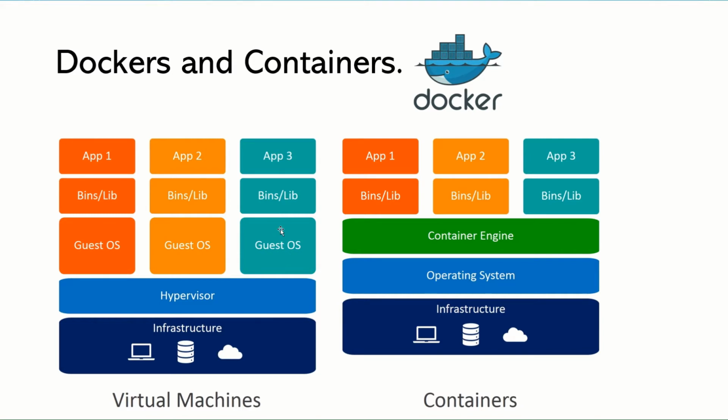other OS. But by bringing in Dockers and containers, the whole architecture is changed where we have our server, the physical server, and we install one server OS like Linux. And once that is installed, then we install Dockers and containers. So you install Dockers, and once Docker is installed, you can deploy number of containers, and it is a very light container.